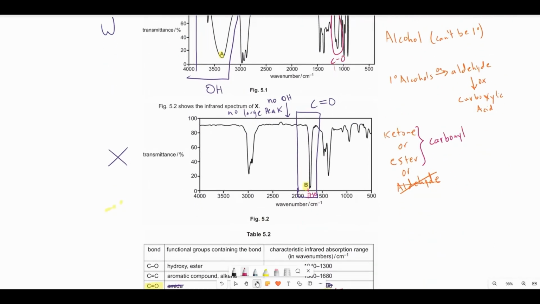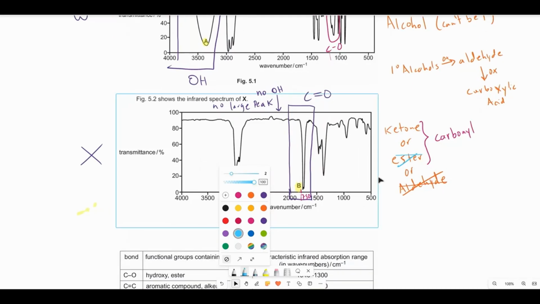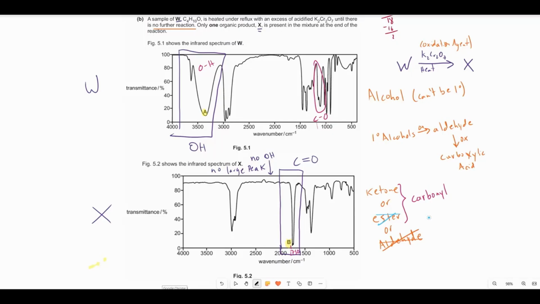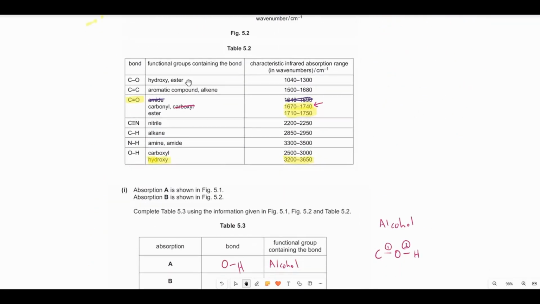So even though we are between ketones and esters, we can actually very safely cancel out esters as a choice because this is an oxidation reaction. And as an oxidation reaction, because we have an oxidizing agent, esters cannot be made. We do not know any oxidation reactions that create esters. So ketones are really the only chance. Now, do you see ketone on here? No, because ketones are going to fall with aldehydes under the carbonyl umbrella.